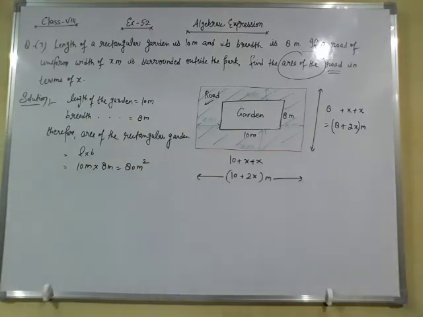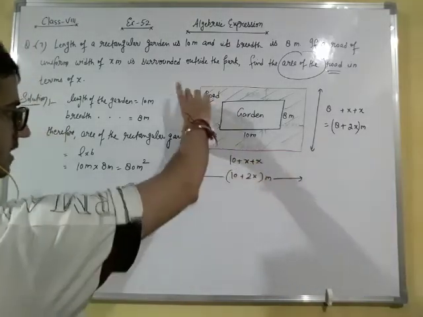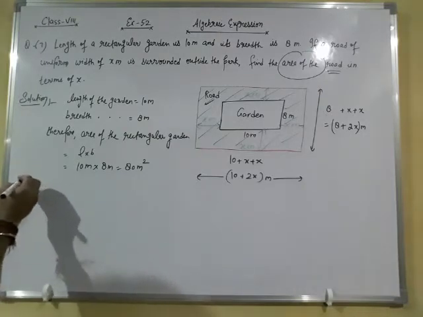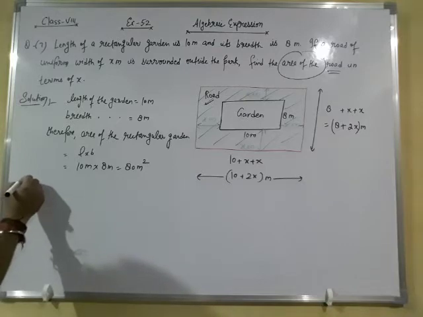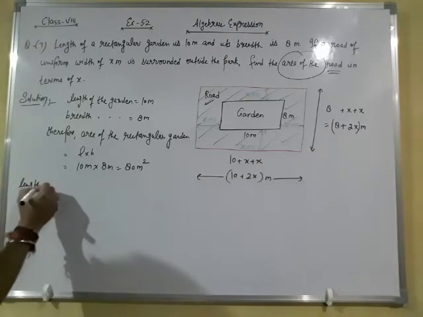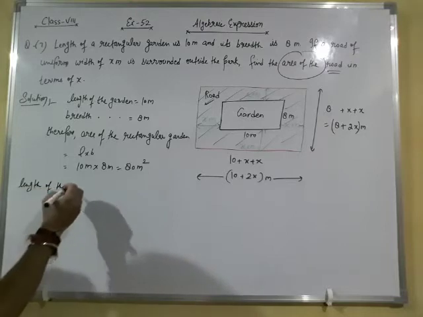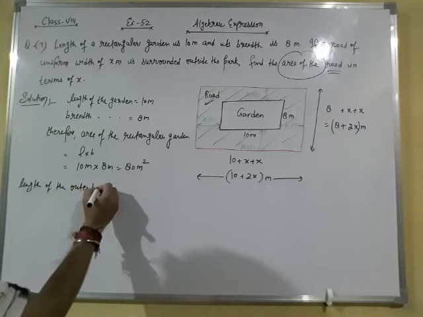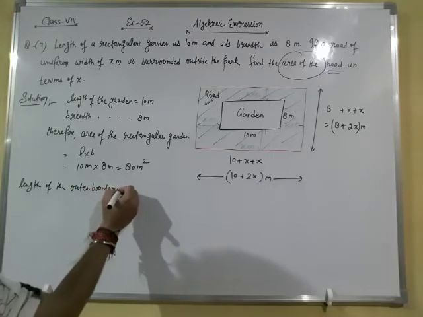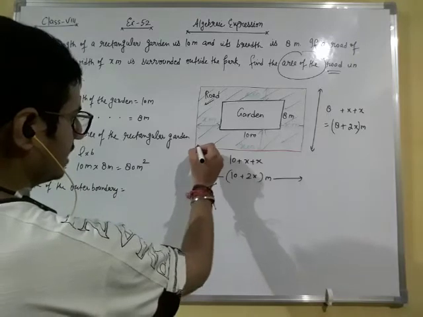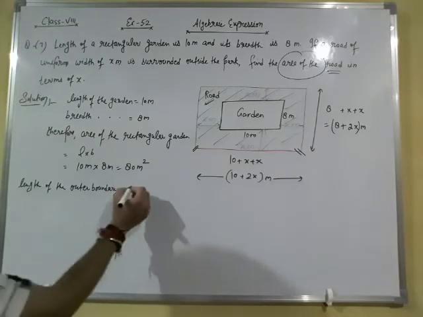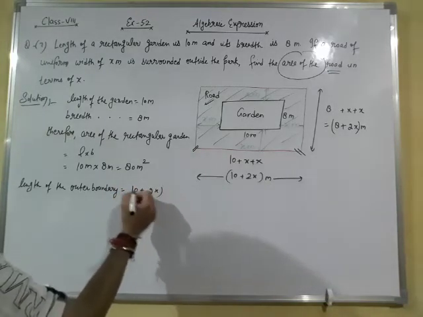Okay, now we have to find the length and the breadth of the road. Length of the outer boundary, I am talking about this distance, will be equal to 10 plus 2x meter.